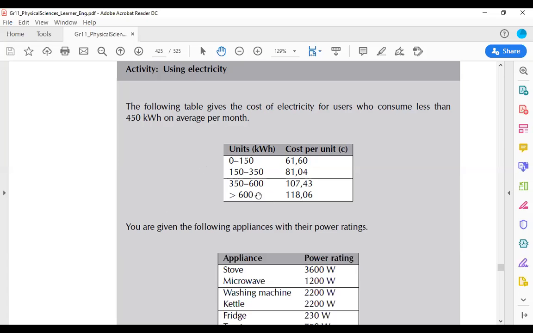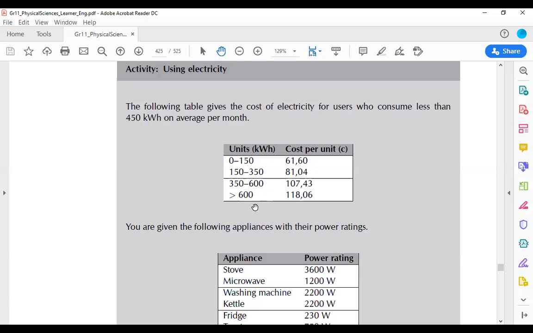Whatever you buy, for example 150 kilowatts, is not going to be the same as the 150 kilowatts you bought at the beginning of the month. It all builds up from the first of the month. As you go, the more you use, the more you pay. So once you get to 600 kilowatts and you go and buy electricity, you're going to notice that the kilowatts you receive are way less than the kilowatts you got before.